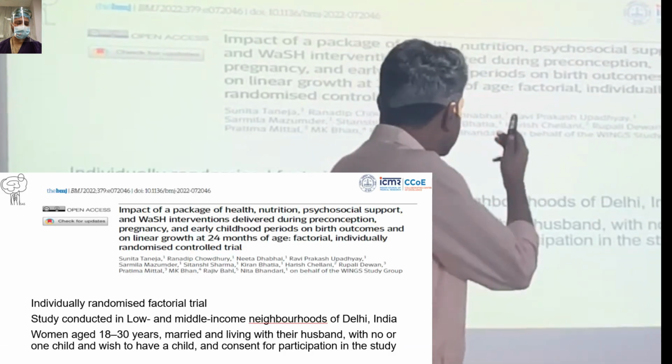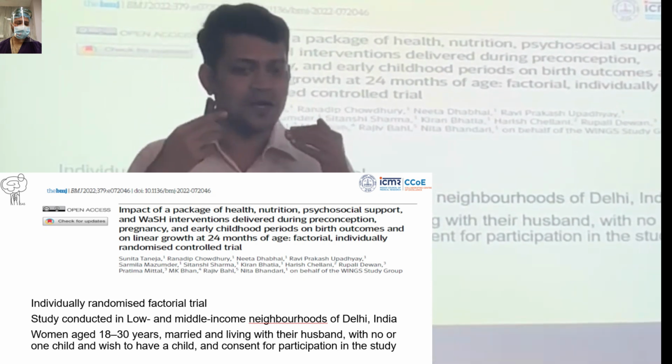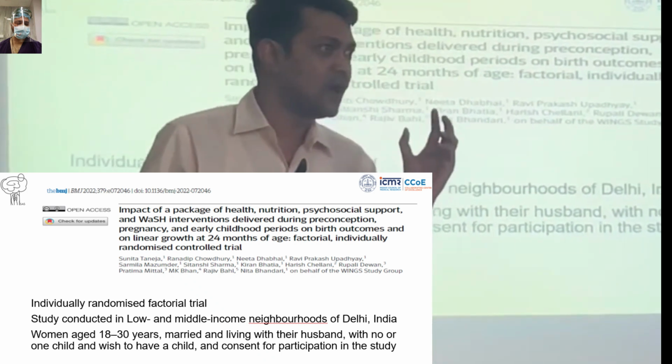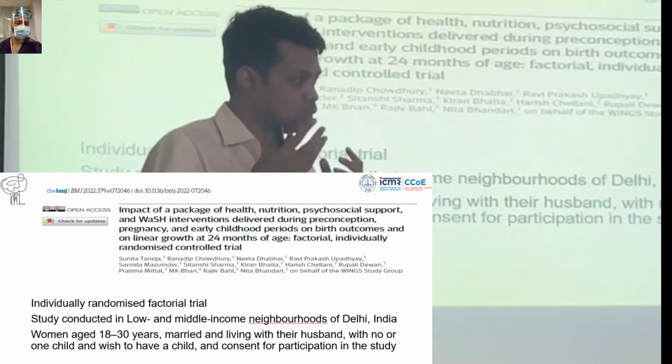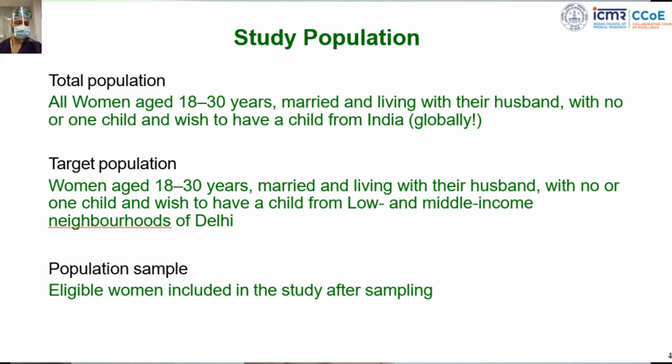So when you think about study population, it is not necessarily that the study population should be only one group. It depends on what your study is. If this is a longitudinal study where it starts from preconception, pregnancy and childhood, and all three age groups can get the intervention, then the whole spectrum is a study population.